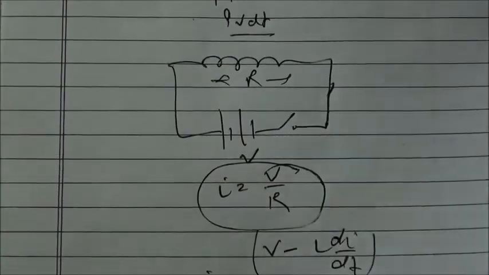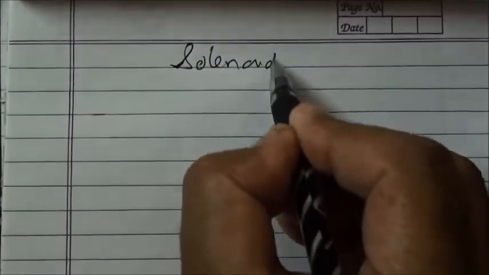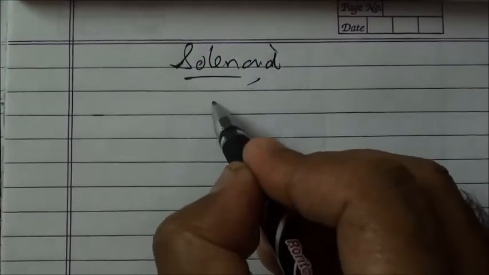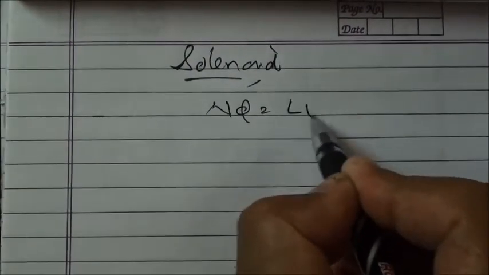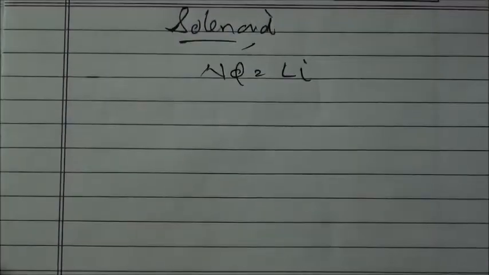Now how to find out the self-inductance for given coils. I am giving you an example of a solenoid. It's very simple actually. We have to just substitute.